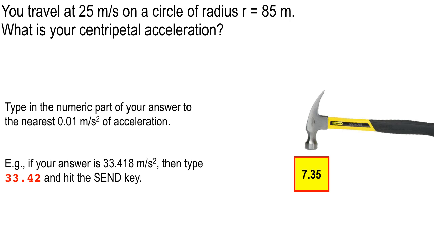And that'll get you the right answer. Because 25 squared in the numerator is 625, and then the denominator is just 85. So numerically speaking, it's 625 divided by 85. Gives you an answer of 7.35.